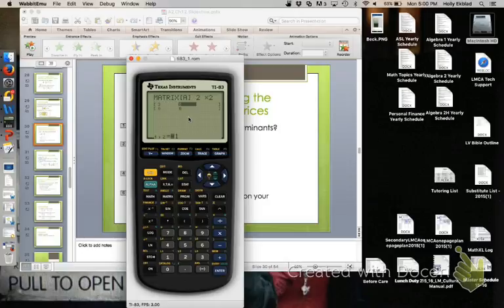Oops. They don't like my -1. Okay, well, I'm going to have to put it in this way. -1. There we go. 2 and 5. So on this one, we found that our determinant was 17.